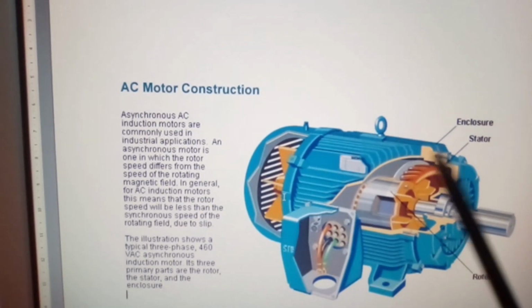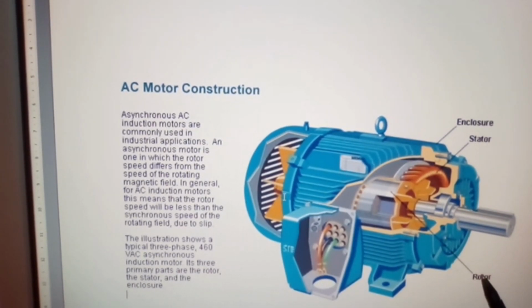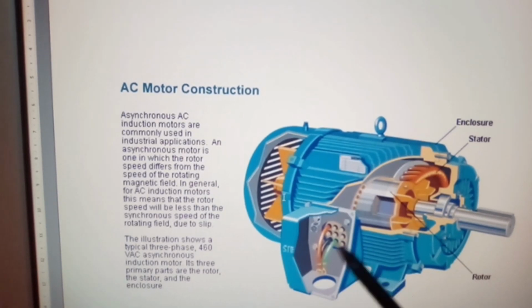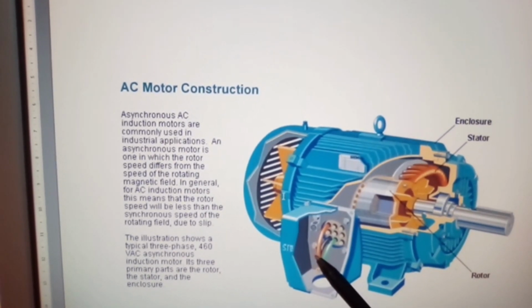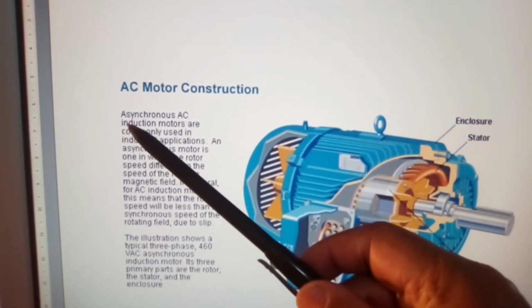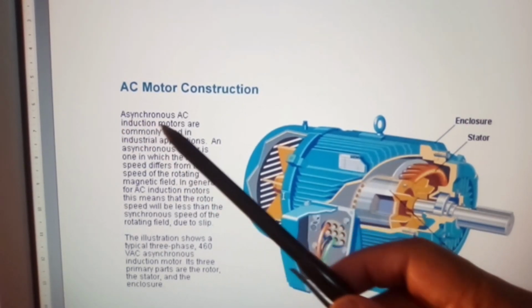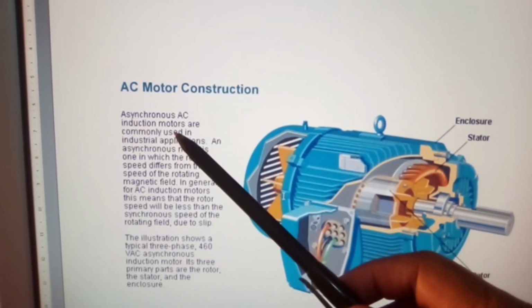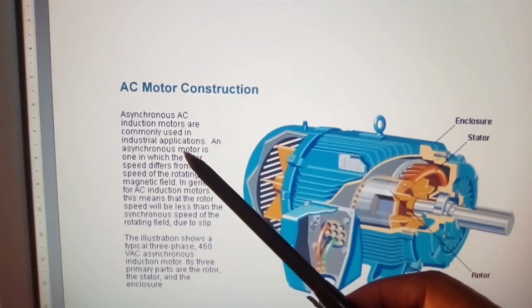Now you have your enclosure, you have your stator, and you have your rotor. And this is your box where your three-phase system cabling connections will come into play. Now this is AC motor construction. Asynchronous AC induction motors are commonly used in industrial applications.